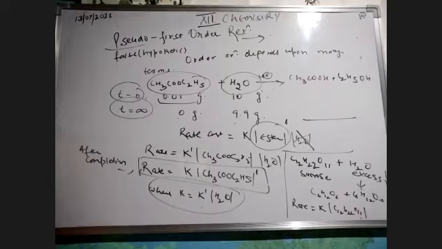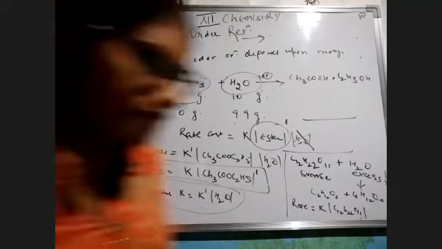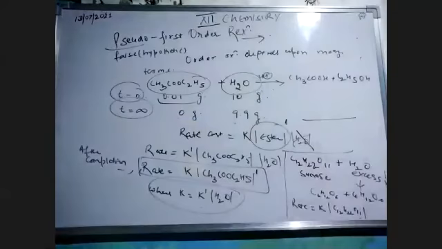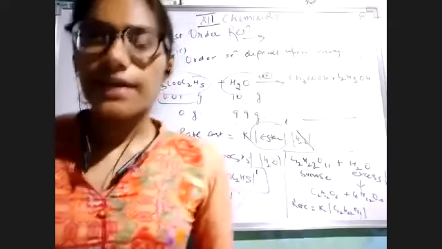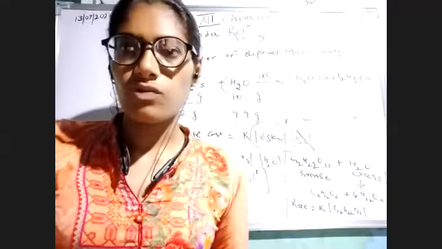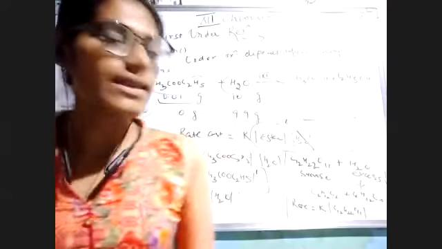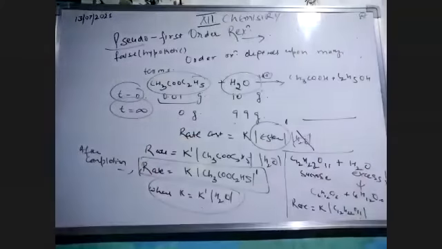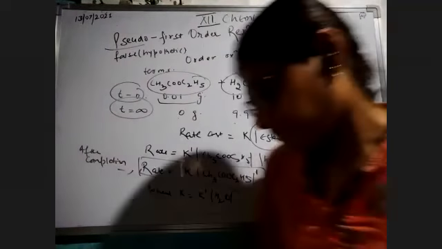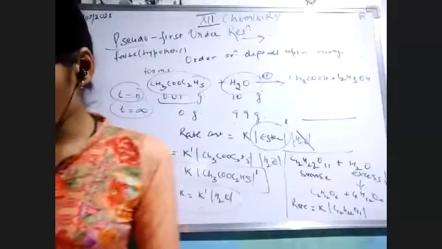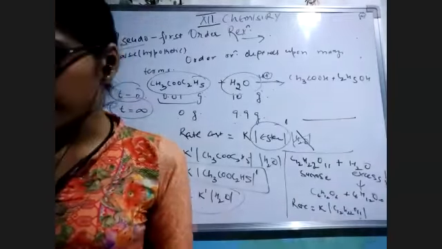Another point about this particular type of reaction: a question has been given in your NCERT textbook. We don't have much time left to solve that question, but I just want to explain to you that in that question we have been given different times and different concentrations. Let's have a look at page number 110 in your NCERT textbook.